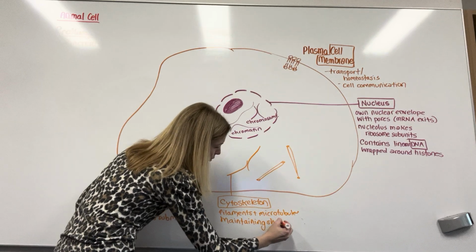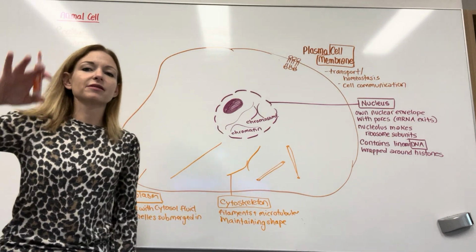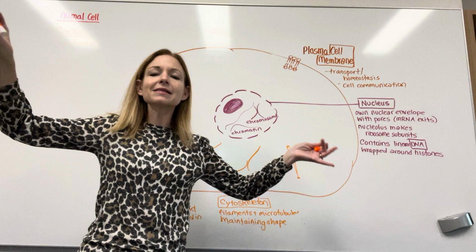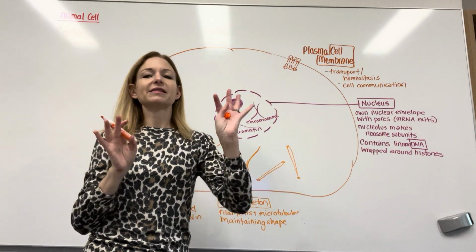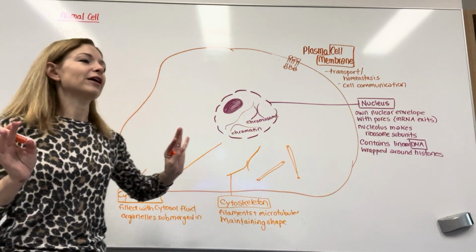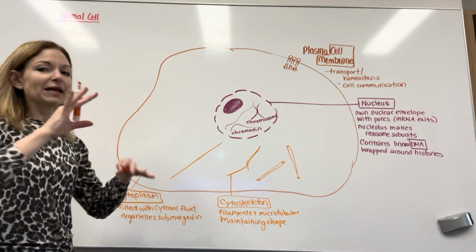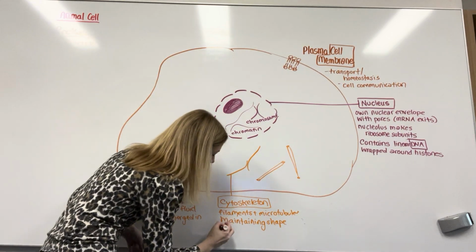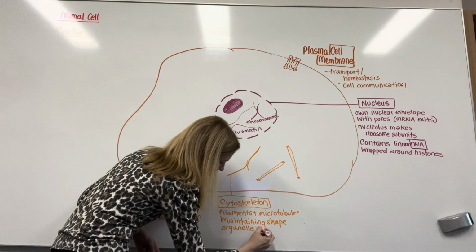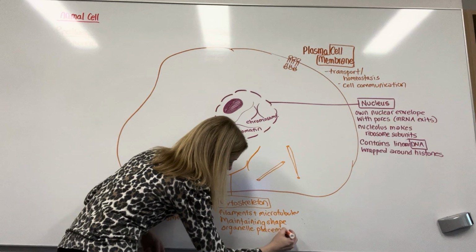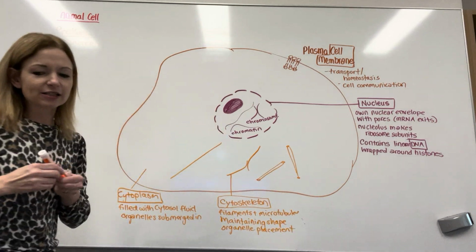They also sometimes anchor some organelles, holding them in place, again to prevent them from falling down. In some cases, they can help organelles move, so they help in maintaining the placement of organelles. So we'll add organelle placement. Okay, so that's our cyto stuff.